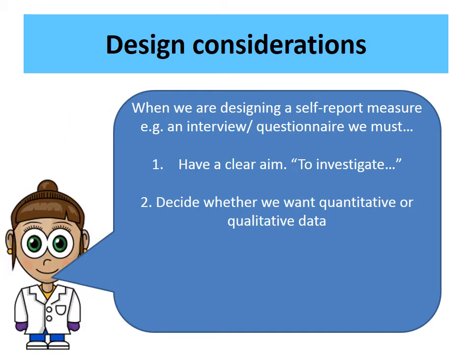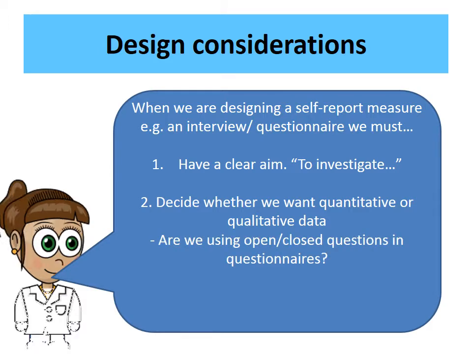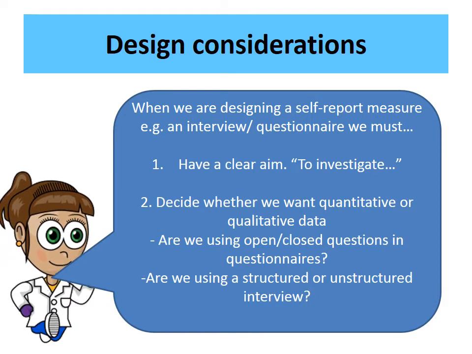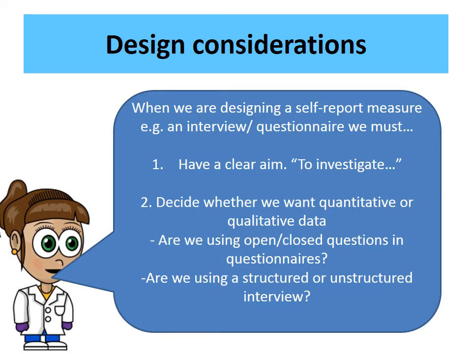You can also have both. We need to consider then within that, are we using open or closed questions in our questionnaires? Don't worry, we'll come on to those in a minute. And are we using structured or unstructured interviews? Again, I'll explain the difference between them on the next slide.